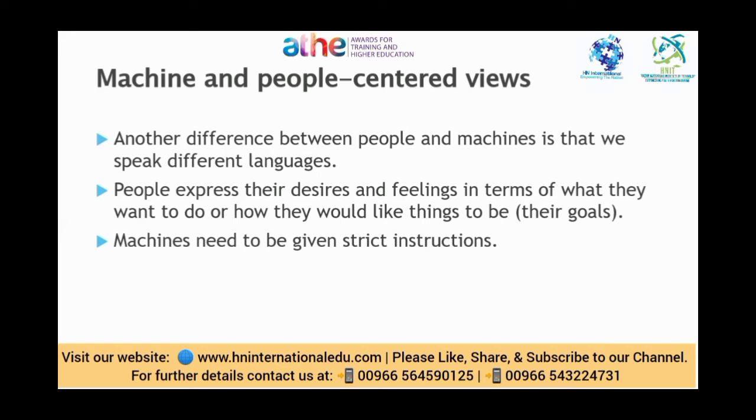Why? Because the robot was not given the instruction that it had to put the fire off while saving the dog as well. So you have to give strict information to your computer, or for example machines.